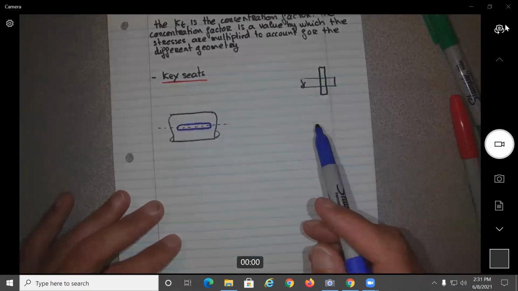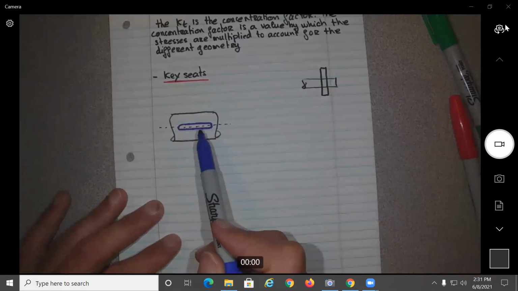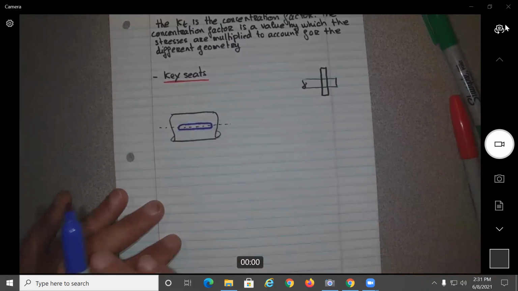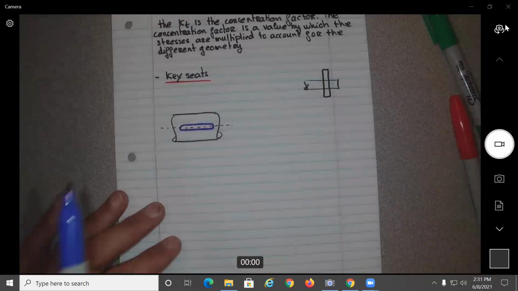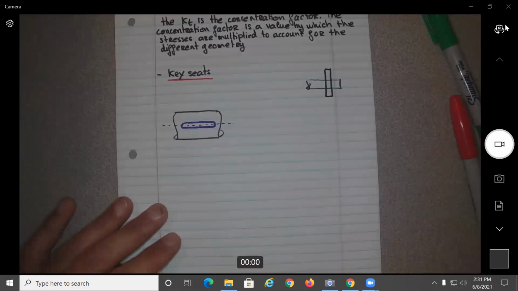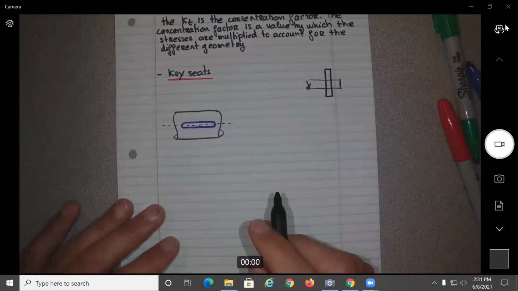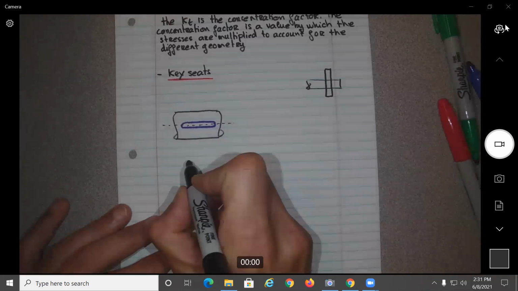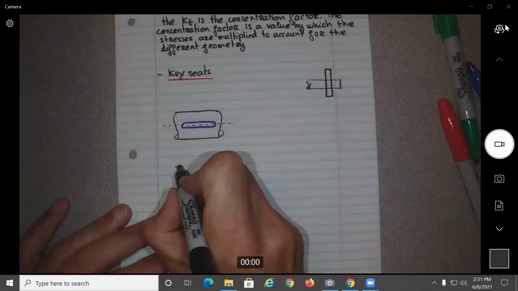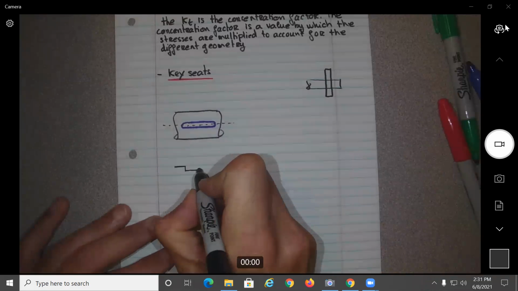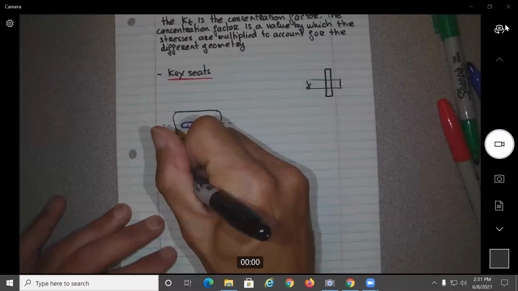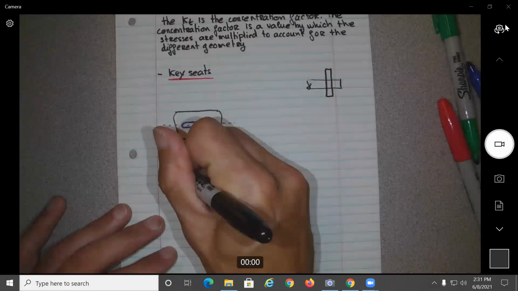Obviously these little grooves in the shaft are going to produce stress concentration factors, and those will be different values for K. This is what is known as a profile key. If I do the side diagram, it will look something like this. One, two, three.